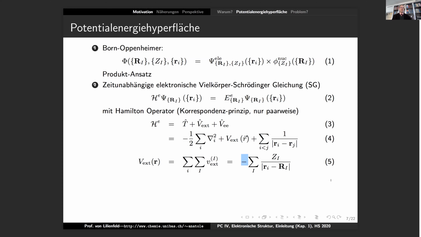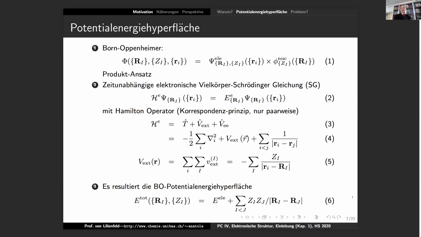It's the total Hamiltonian. So that's what you see here now: the total energy is the electronic energy you get by applying this electronic Hamiltonian to your electronic wave function, and then you add the nuclear repulsion term.